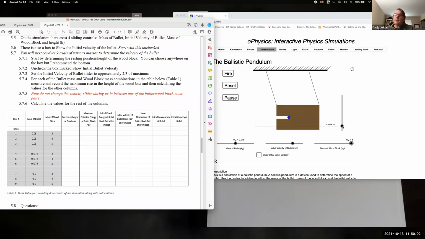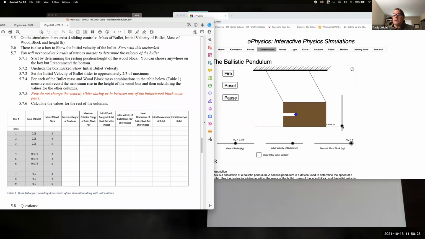That's not very practical in the lab to have done just measuring the height. I have to measure the mass of the block. There's uncertainty in my mass measurements. I have to measure the mass of the bullet. There's uncertainty in the mass of my bullet measurements. You should think about how these different uncertainties would come into your uncertainty in your velocity measurement.